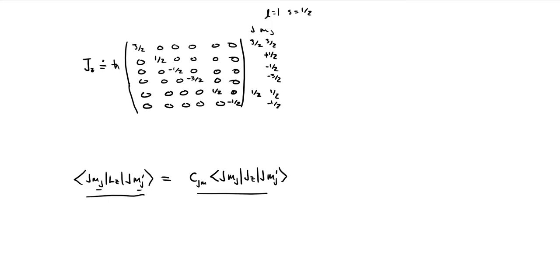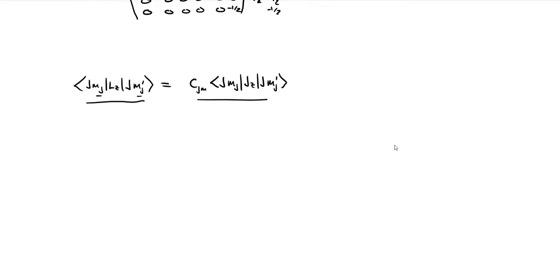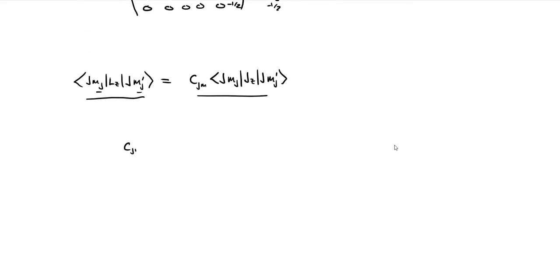What essentially that says is that C_J is equal to <J, m_J| L dot J |J, m_J> over h bar squared J(J+1). Sorry, I put that bracket in the wrong place.